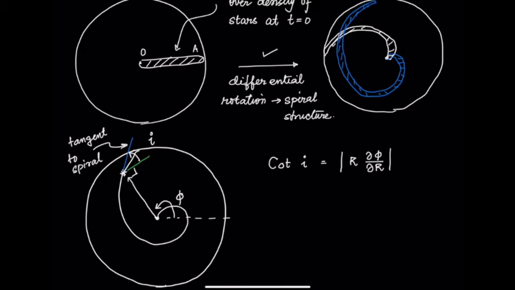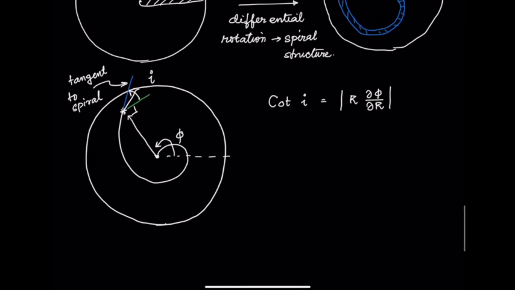So if I ask you what is the value of phi of a given point at a given r after a certain time t, phi means this phi, which is obviously of a star in the spiral arm.